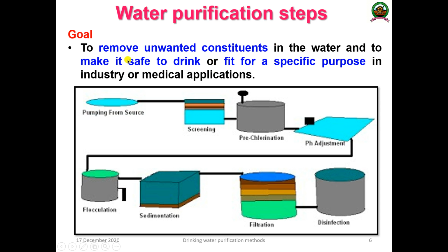These are the overview of water purification. The main goal or objective of water purification approaches is to remove the unwanted constituents in terms of particulate matter and microorganisms in the water, and to make the water safe to drink or fit for specific purposes in industry or medical application.